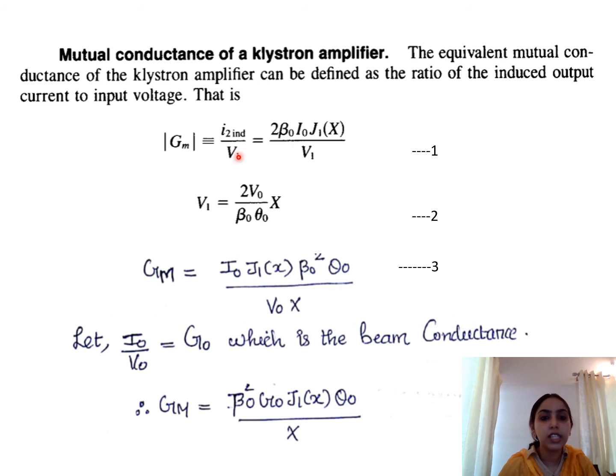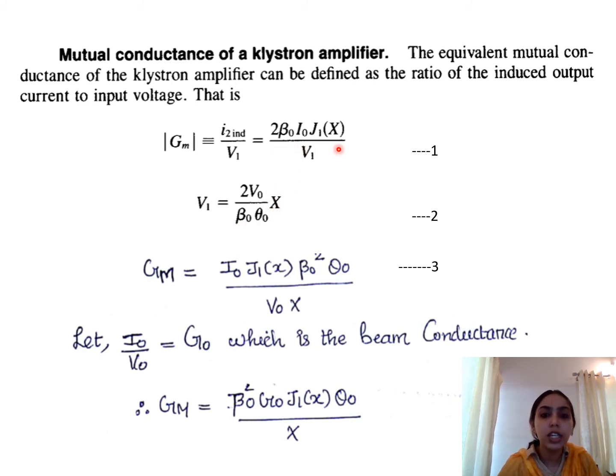From the previous expression, we know the equation for I2 induced, that is 2 beta naught I naught J1 of x. Since we are considering the induced current, we obviously have to introduce the coupling coefficient factor of the catcher gap. Here only the fundamental component is considered. Now, from the previous analysis, we know the equation for the bunching parameter denoted by X for a klystron.